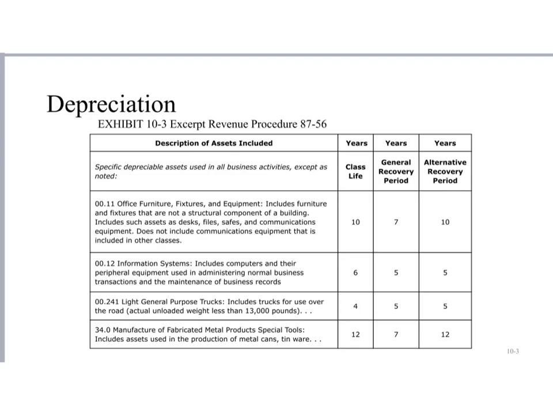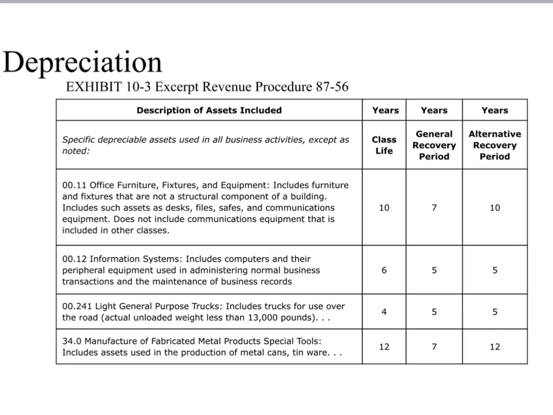All right, so what this chart is, is an excerpt from a revenue procedure. A revenue procedure is essentially Treasury Department guidance that discusses how we depreciate things, all right? And we've already discussed that in order to depreciate something, you need to know its basis, the depreciation method, and its recovery period, okay?